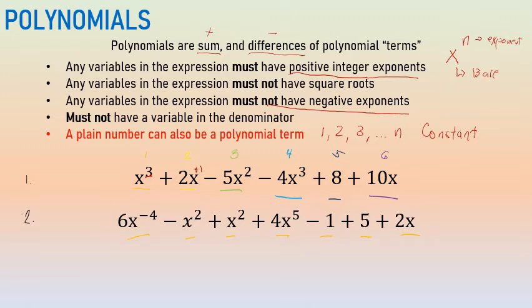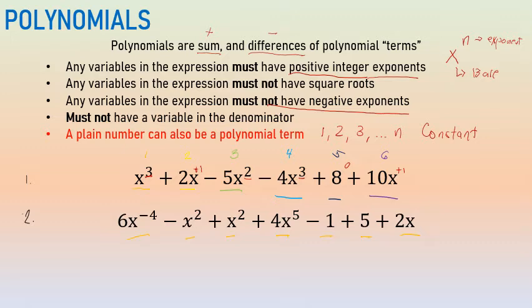In our third term, our exponent is positive 2. Fourth term is positive 3. What about the fifth term? Since this is a constant, our exponent here is 0. And for the last term, our exponent is, again, positive 1.